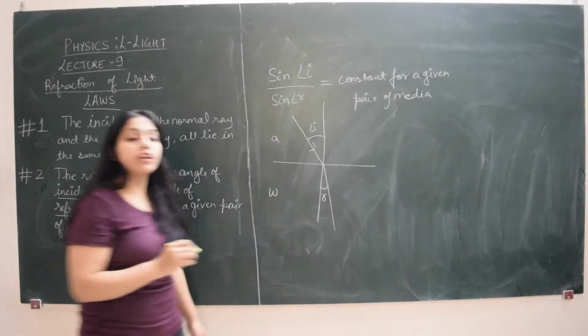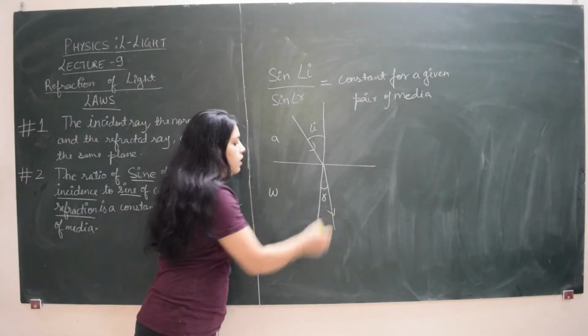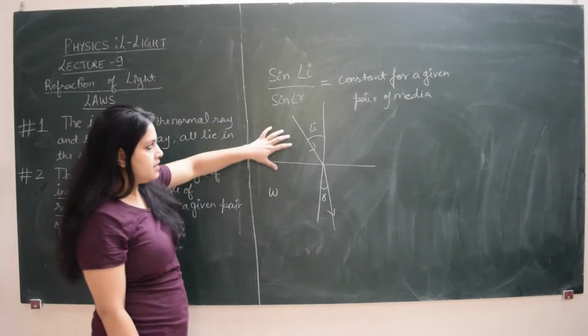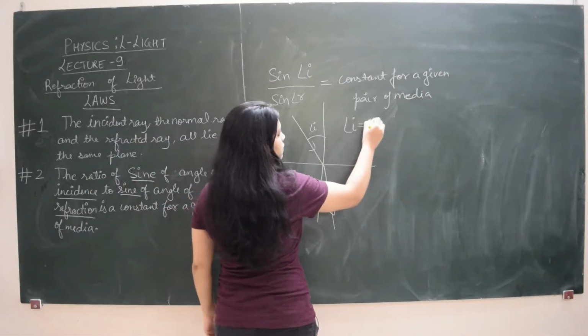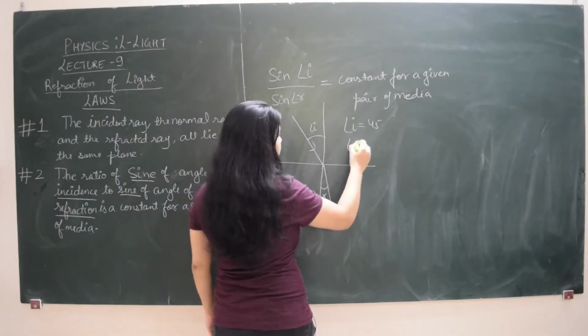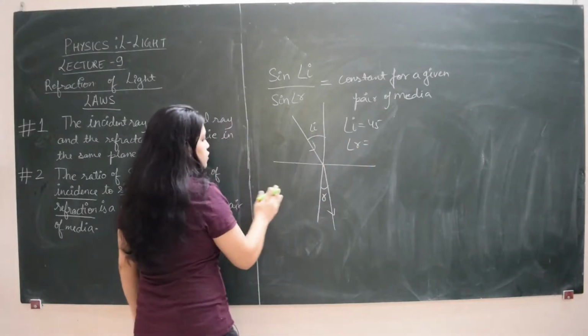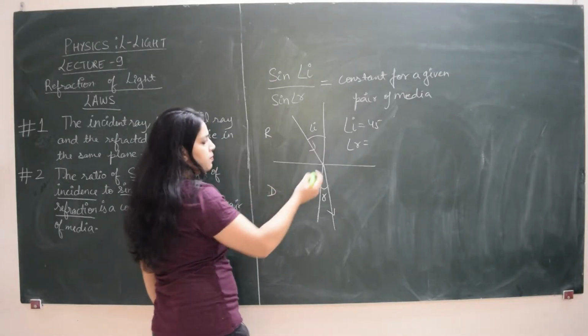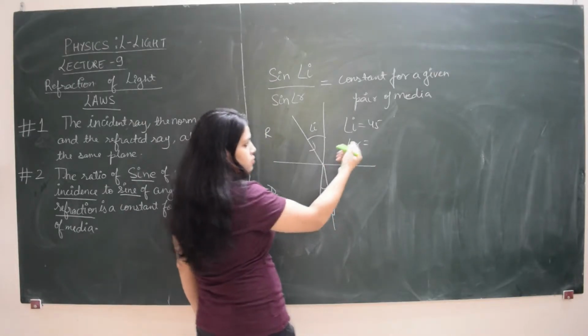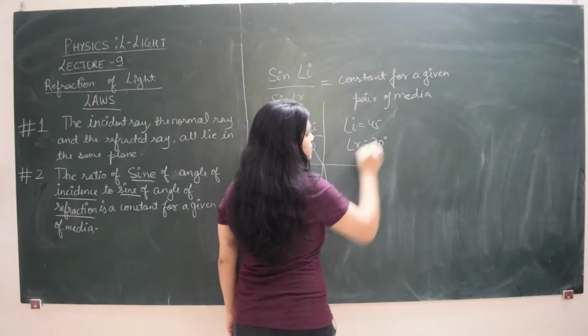So this is the angle of refraction. Okay, let us say angle I is 45 and angle R is, let's not take air and water, this is some general rarer medium and this is some dense medium, and angle R has to be smaller. So let us say angle R is 30.